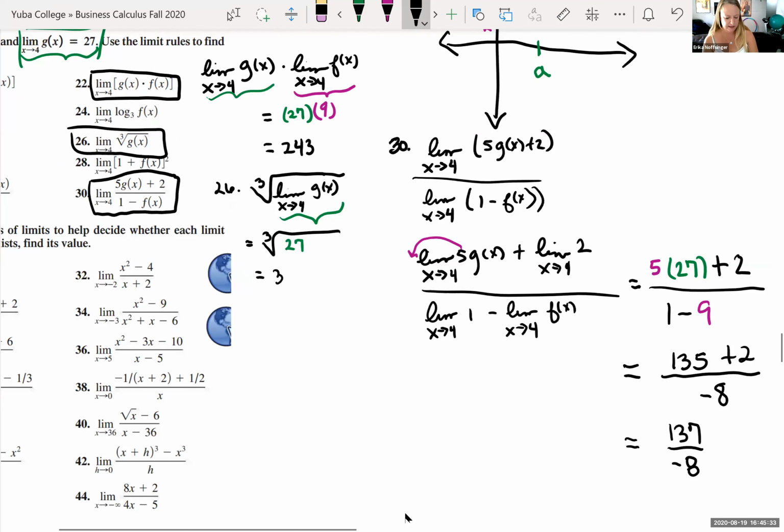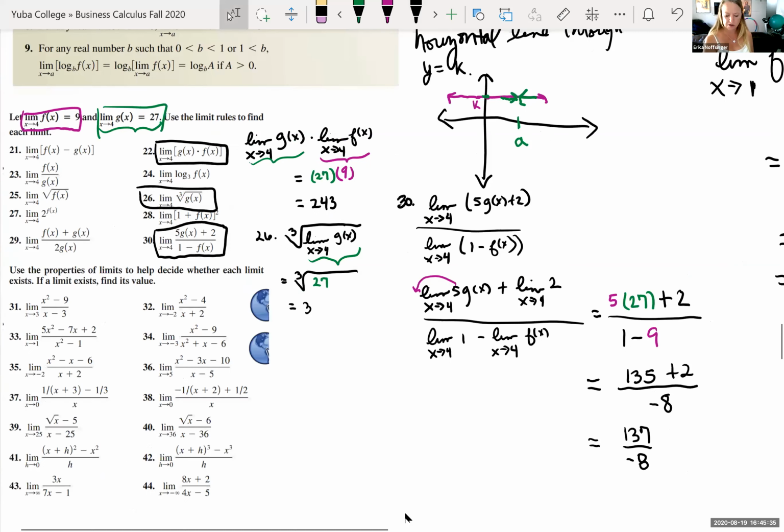Limit, just like make sure I did even the right problem. X goes to 4, 5 times g of x. So 5 times g of x was 27 plus the 2 out here. 5 times 7 is 35, carrying my 3, that's 135. And 1 minus, so 1 minus f of x, which is 9. Okay, so it looks like I did everything right.